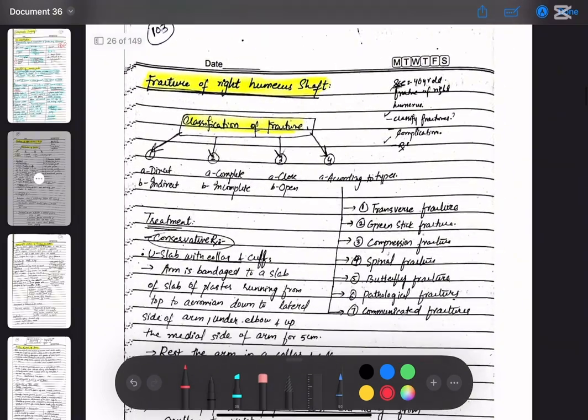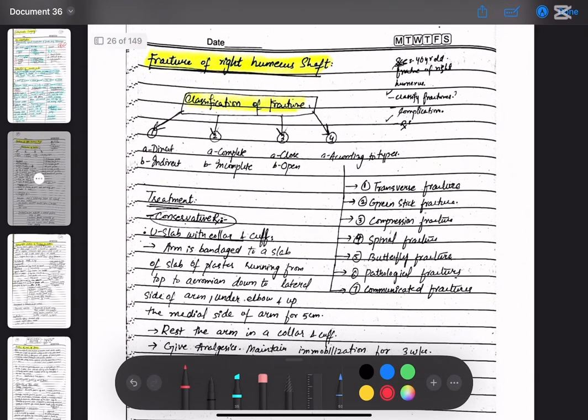Now the fracture of the right humerus shaft. We are having the classification of fractures as direct, indirect, complete, incomplete, closed, open, and according to the types, we are having transverse fracture, greenstick fracture, compression fracture, spiral fracture, butterfly fracture, pathological fracture, and comminuted fracture. Now this classification is very, very important.